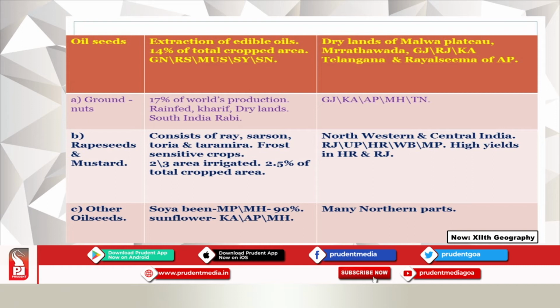Extraction of edible oil, and India is one of the leading producers of edible oil and oil seed cultivation. Important oil seeds are groundnut, mustard seed, soybean, rape seeds, and others.